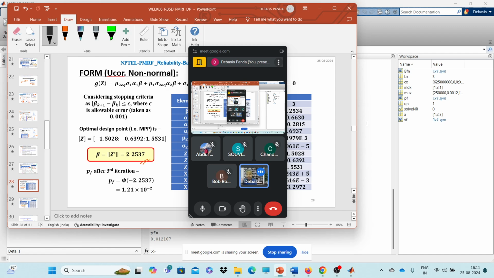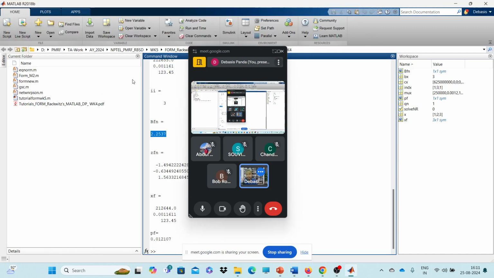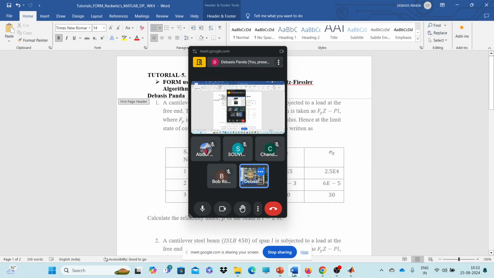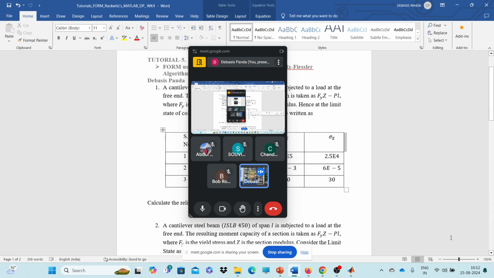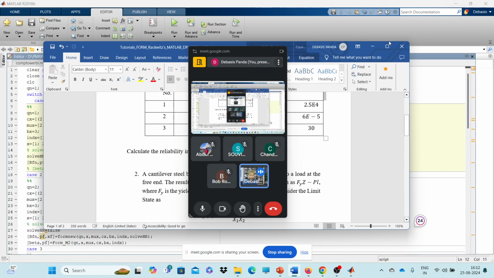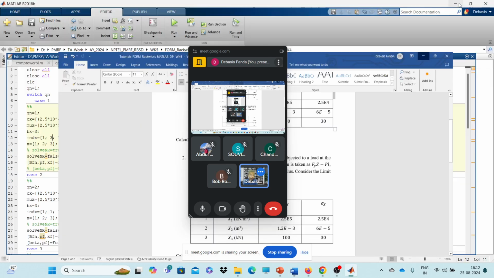So this is the function file of the Rackwitz algorithm, which can handle other kinds of problems. I have added a few problems here which we will solve using the Rackwitz-Fiessler algorithm. So that was the Rackwitz algorithm as a whole, and this function file will serve for it.